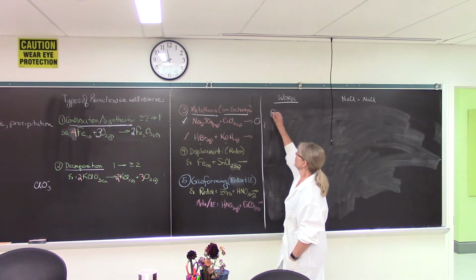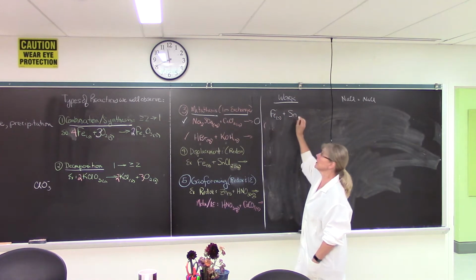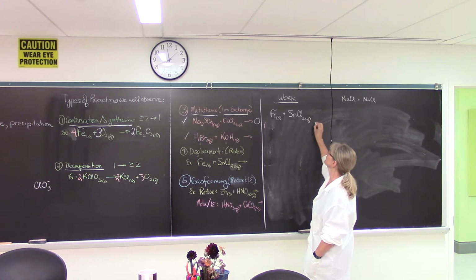Okay, so we have our iron, which is a solid, and tin chloride, and this is tin 2 chloride, because remember tin can have more than one oxidation state.